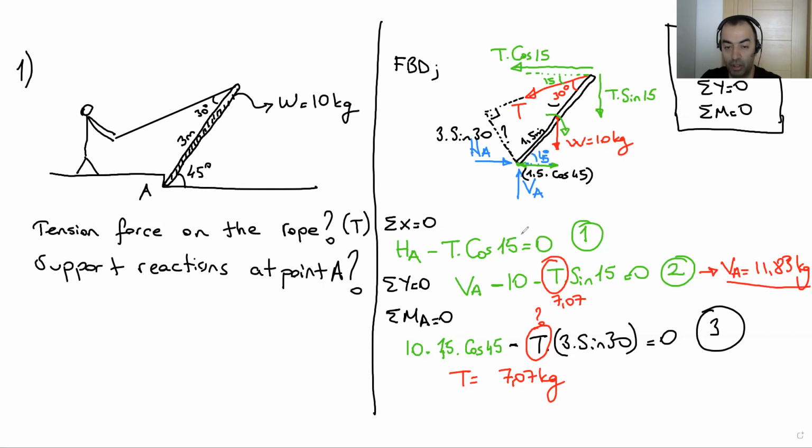Let's jump to the first equation. In this equation we have 2 unknowns. One of them is T, which we know. Put it in place in this equation to get HA. What is HA? If you solve this equation, you get 6.83 kilogram.